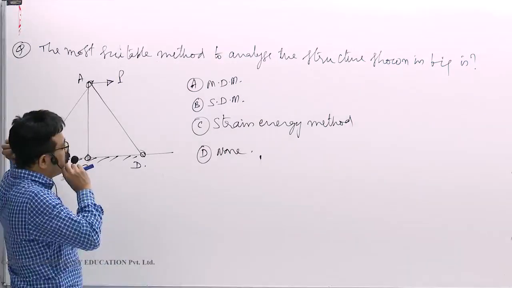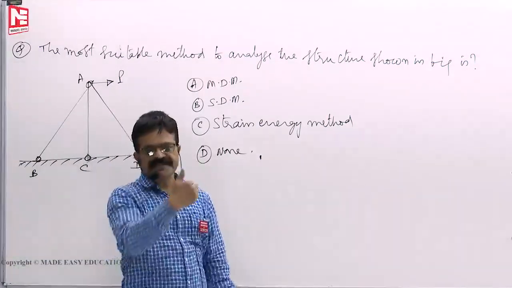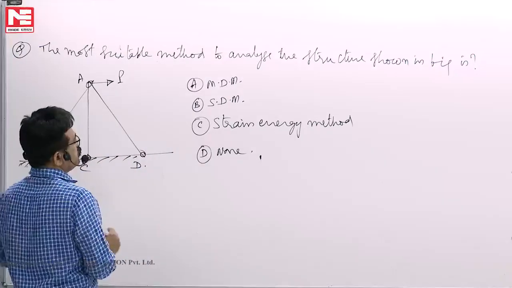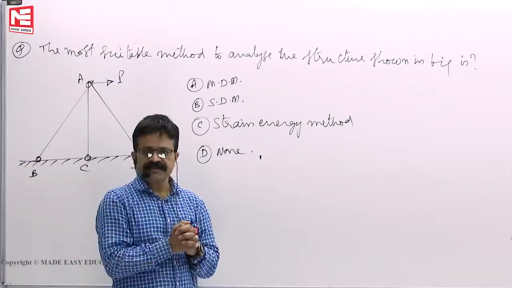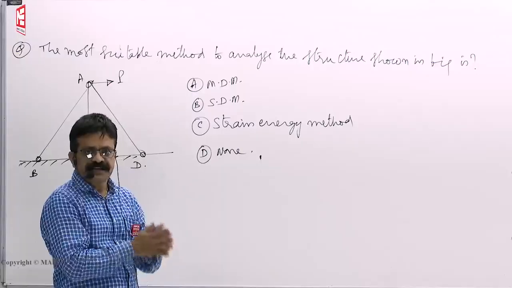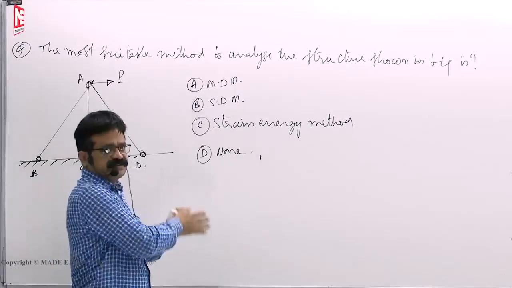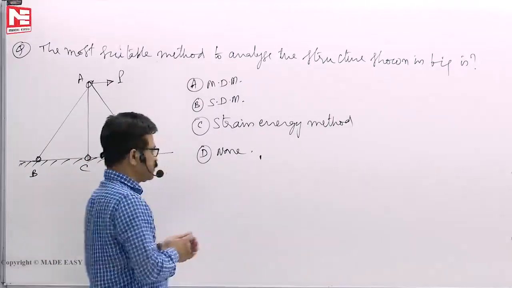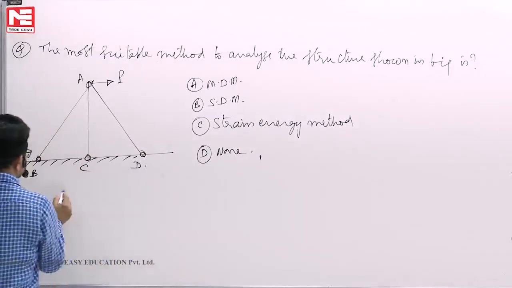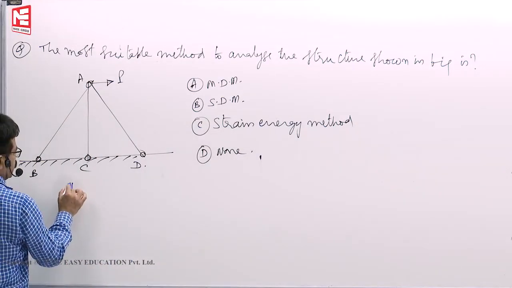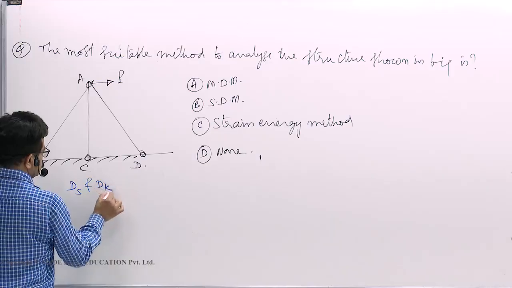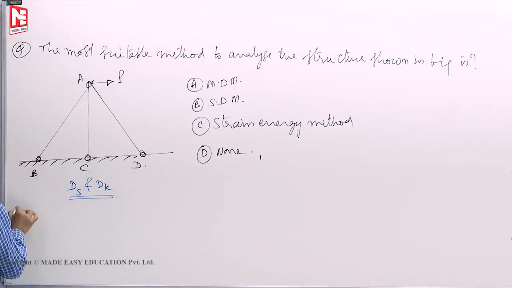So, which method is suitable depends on ds and dk. If ds is less, you have to select force methods. If dk is less, then you have to select the stiffness method. So, ds and dk, you have to find these.